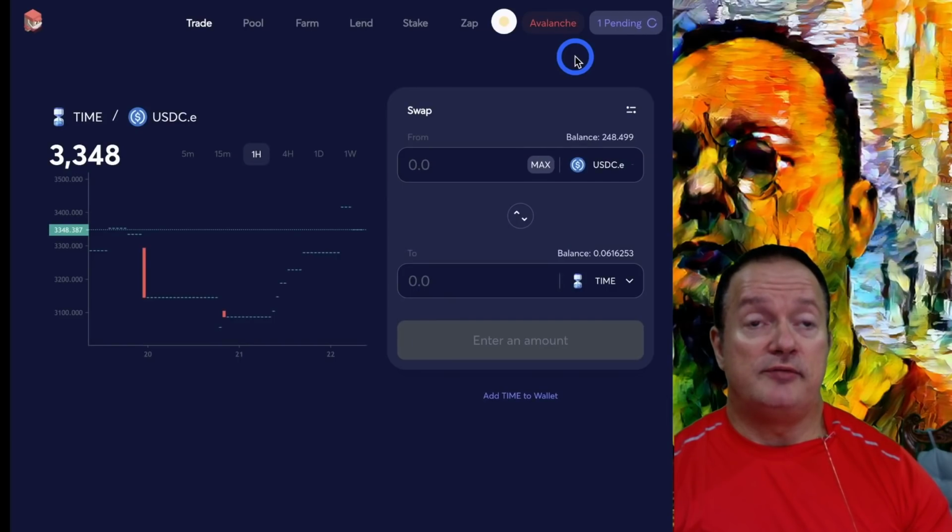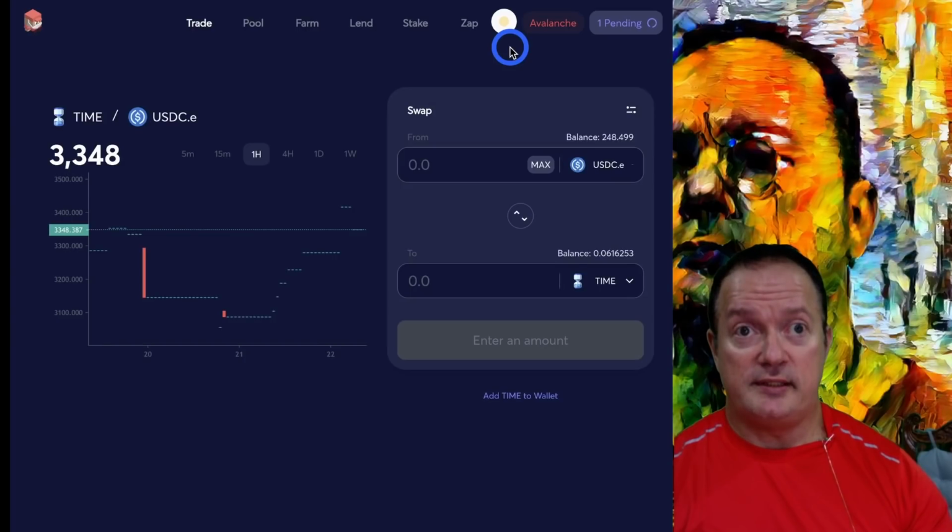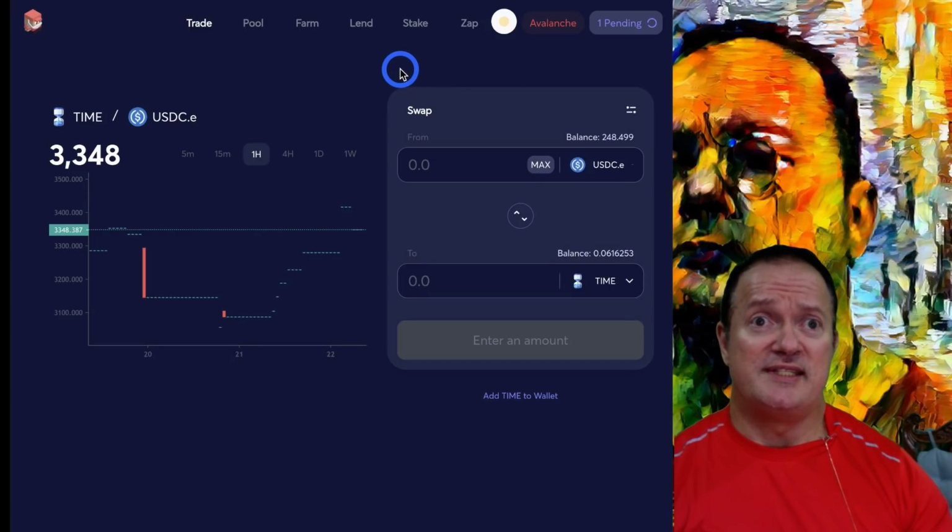Then what we're going to do after this is done, we're going to go to Wonderland. We're going to stake this. We're going to wrap it. And then we're going to go to Pendle. So I'm showing you all the steps so you understand what you need to do if you want to use this guy's strategy, which I think is a good idea.